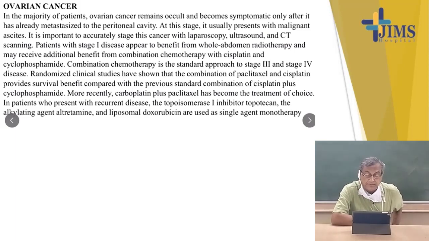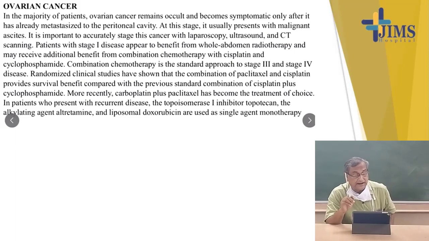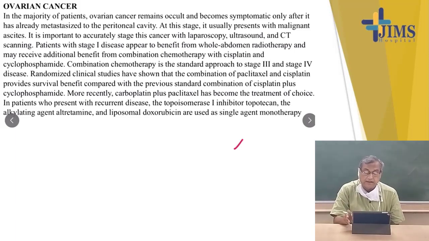More recently, carboplatin plus paclitaxel has become the treatment of choice. In patients who present with recurrent disease, the topoisomerase inhibitor topotecan, the alkylating agent altretamine and liposomal doxorubicin are used as single agent monotherapy. So these are some of the treatments of some common cancers.